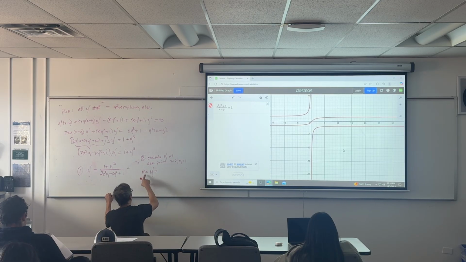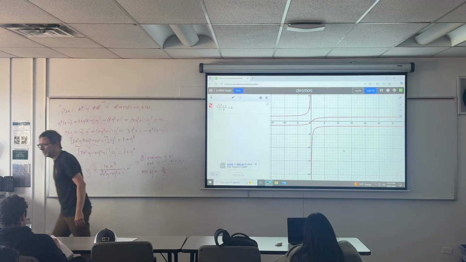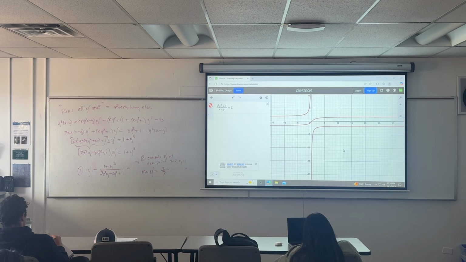I'm going to write m equals y prime equals, now I just plug in 1 for y, so I get a 2 on top, and in the bottom, let's see, what are we going to get? 8 minus 2, 6, 7, 2 sevens. Yep, that's what I got at home, so that is right. If that's a way to check rightness. I got 2 sevens last night when I was working this out.